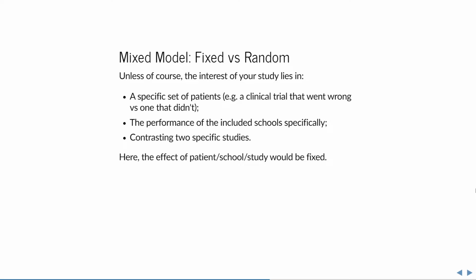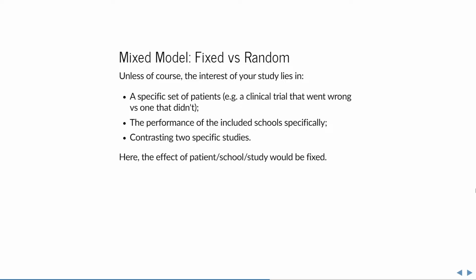So there's of course exceptions to the rule. It's just a rule of thumb. So let's say that you want to compare a specific set of patients. So for example, there's a clinical trial that went wrong, and you want to compare the results to a clinical trial that didn't go wrong to see what happened. Or you're comparing the performance of a specific set of schools to report on those schools, and not some more general idea of how schools perform.